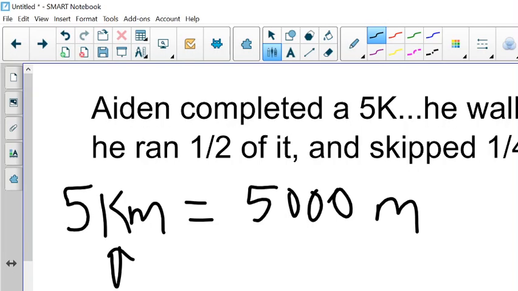Well, you could do it like we just did. We knew the answer to each of these. Half was 2.5 kilometers. What is that in meters? Isn't it 2,500? Because 500 is half of 1,000. So this is 2 sets of 1,000, and this is 500.